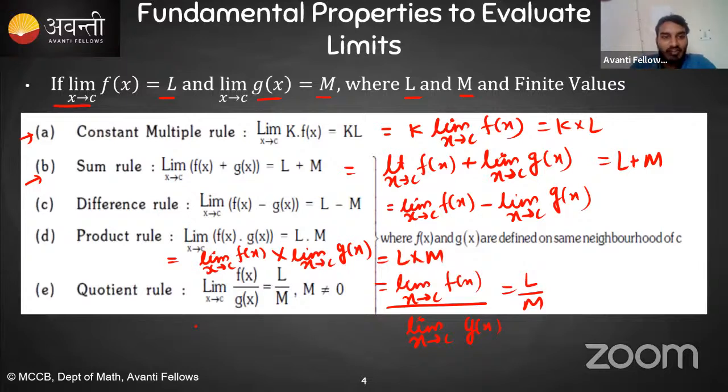First find the limit of f of x, then find the limit of g of x, and add. Same with the difference rule, product rule and constant rule. Is this clear? If you have a complicated function, you can break it into small functions, find the limit of the individual functions, and finally add, subtract, multiply or divide. But remember, you can do these things only when the individual limits are finite.